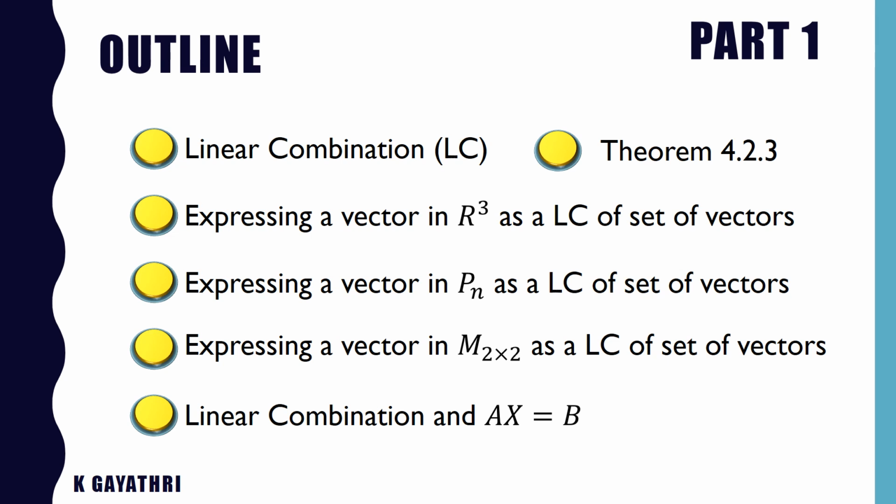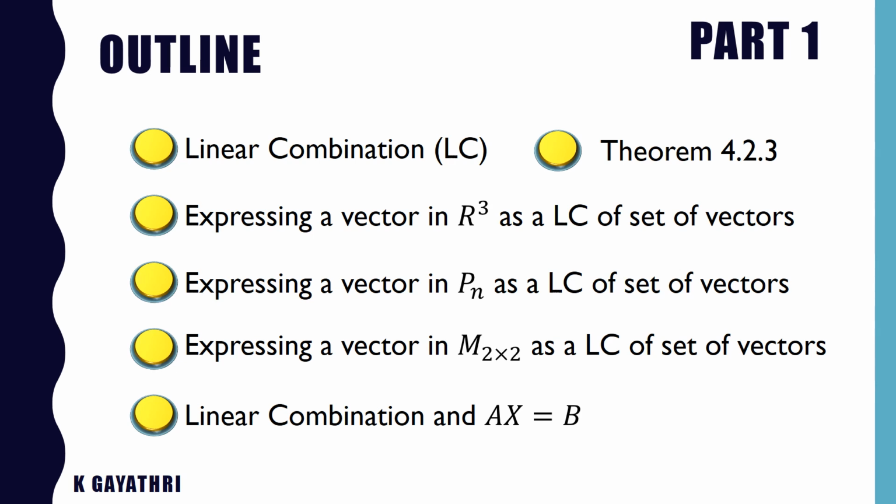In this video, I am going to discuss the definition of linear combination of vectors in a vector space and a statement of a theorem which talks about the relationship between the subspaces of a vector space and the linear combination of vectors in the vector space.